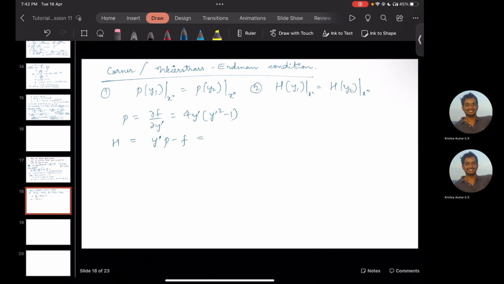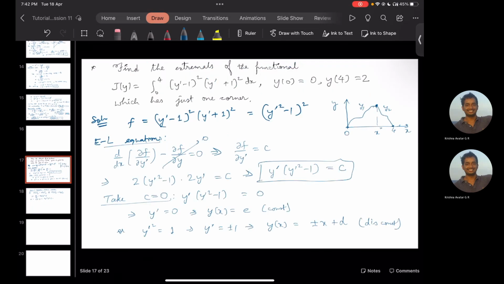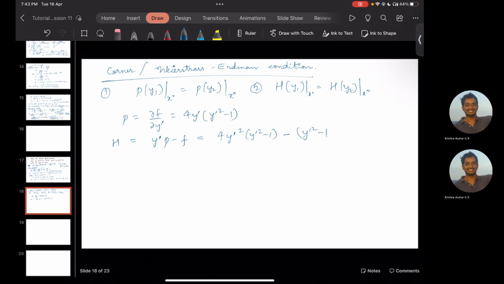So what we have here is y prime into 4y prime squared into y prime squared minus 1, minus (y prime squared minus 1) whole squared. And this we can write as y prime squared minus 1 and then 4y prime squared minus y prime squared plus 1, right? And then this comes out to be y prime squared minus 1 into 3y prime squared plus 1. Okay, that is equal to this.